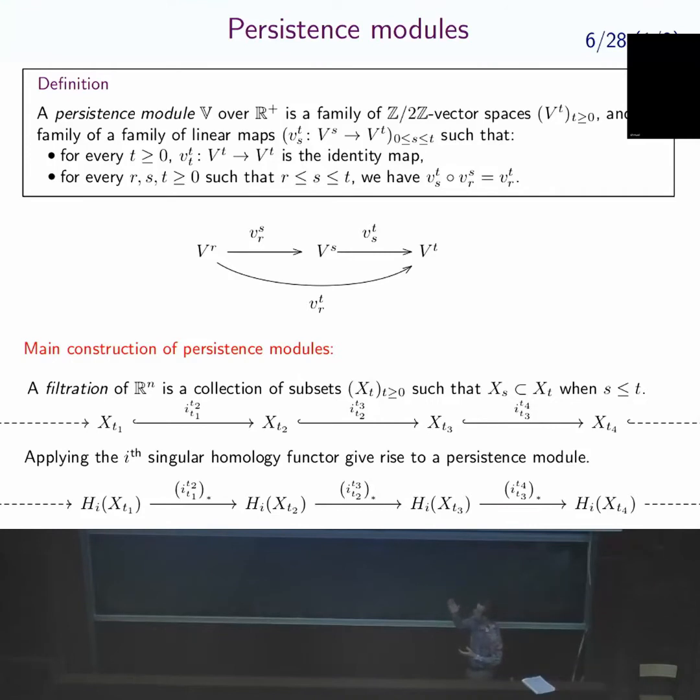It's based on filtrations. A filtration is simply an increasing collection of subsets of R^n. Now I pick any i, a natural number, and I apply the i-th singular homology functor. That gives me a persistence module. This is the same construction as before with the Čech filtration.